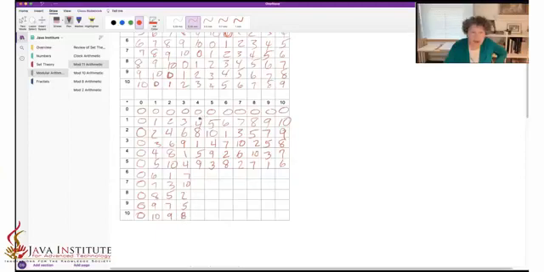So if I have a row, I can do the column.